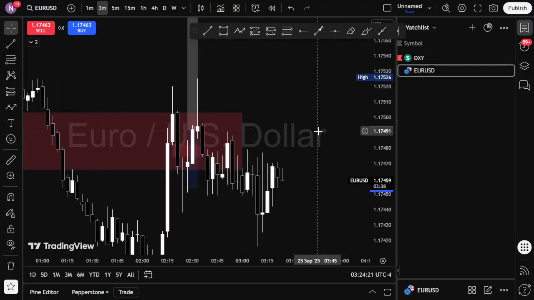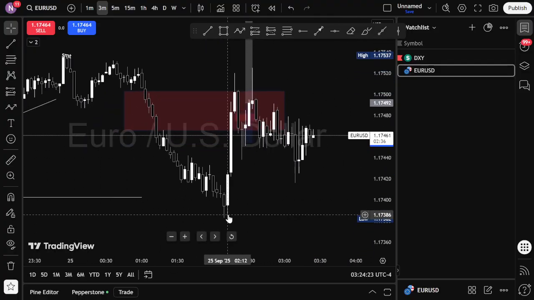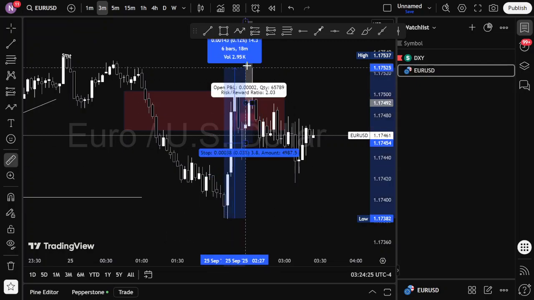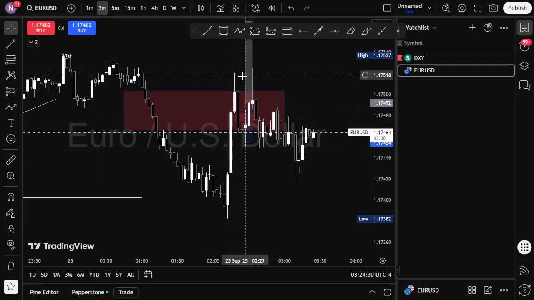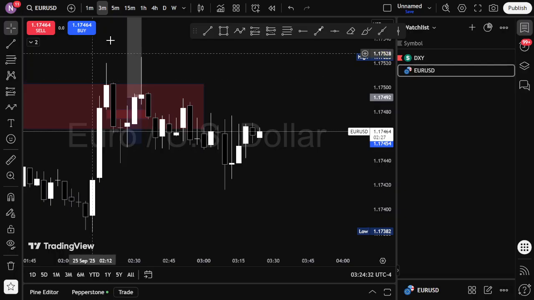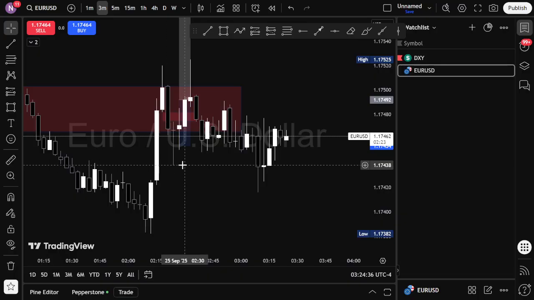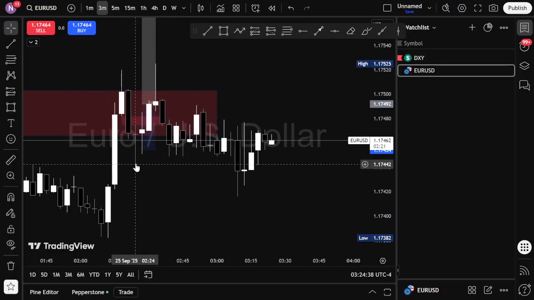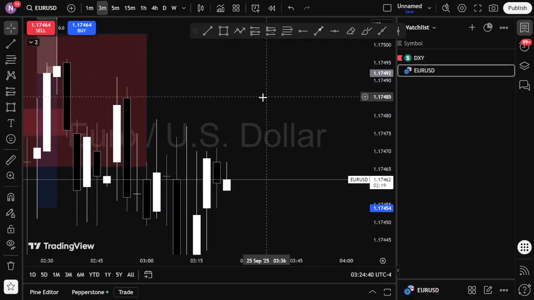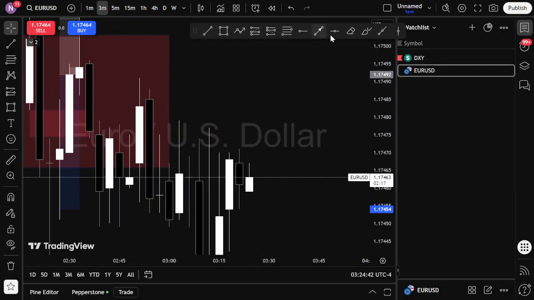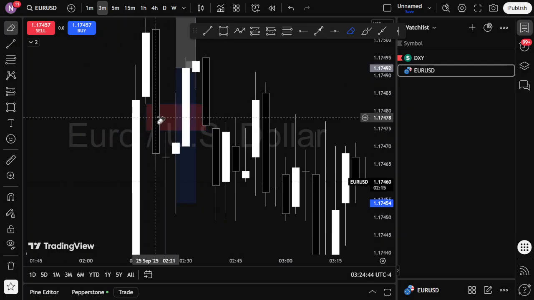I just shifted into the 3-minute time frame. The market gave a huge bullish candle after this liquidity sweep and Asian session low sweep. The market gave huge bullish momentum. Then the market even came down for a retracement into this bullish fair value gap. Once the market came down for the retracement, I was pointing my eye at this bearish candle over here, this bearish fair value gap.